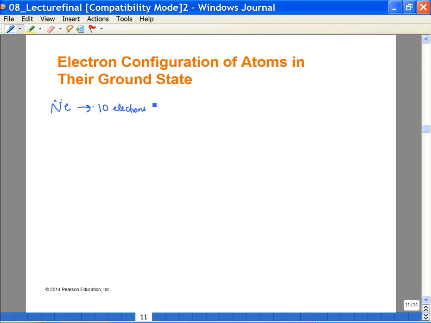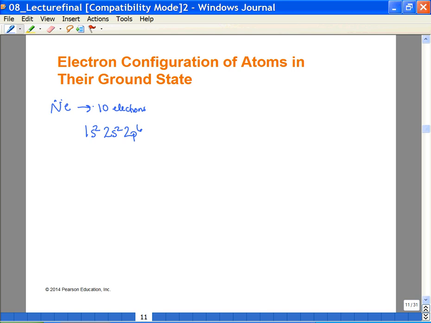Okay, this is how we write the electron configuration for neon. If you think about that, that is a completely filled shell, right? That's 10 electrons, a completely filled shell.